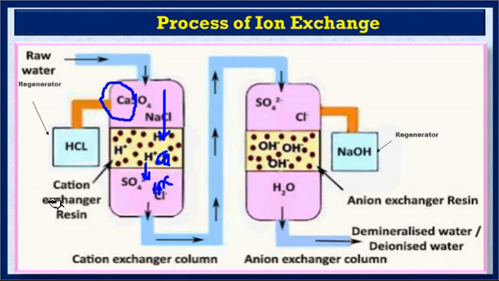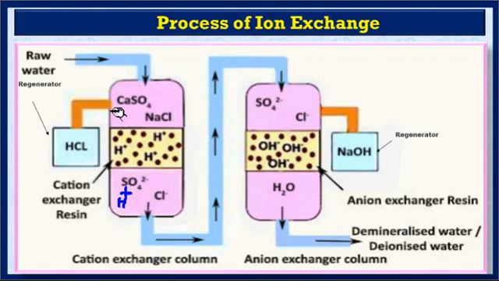magnesium ions. So the water coming out from the cation exchange resin now contains H plus ion and all the remaining anions of the salt, because we know that hardness is caused by calcium and magnesium salts.